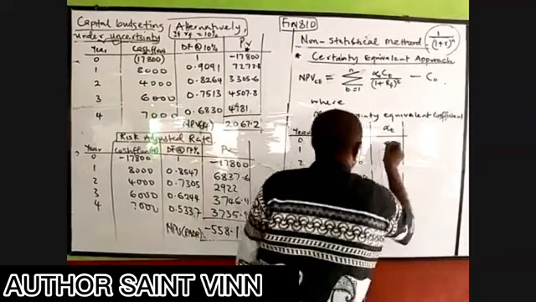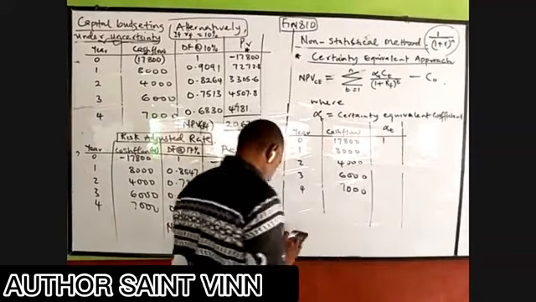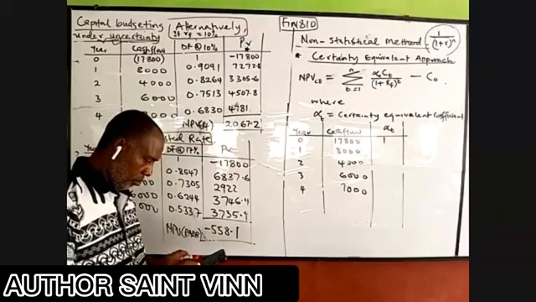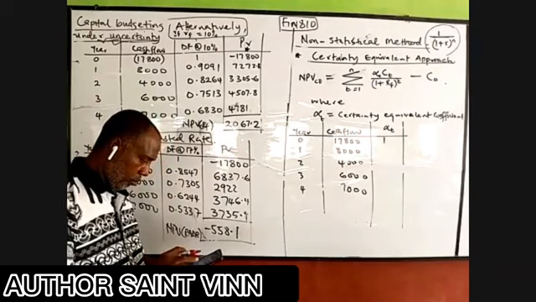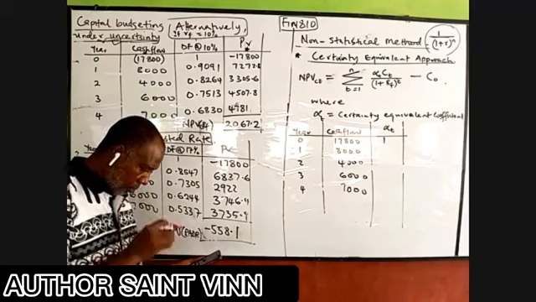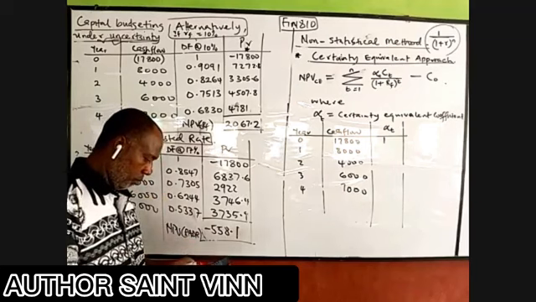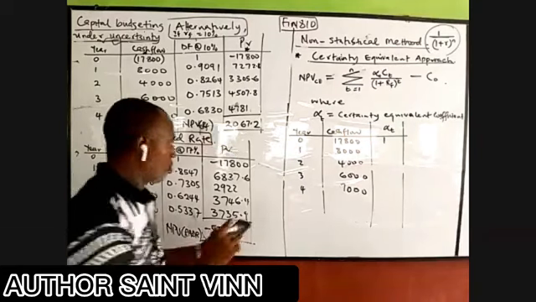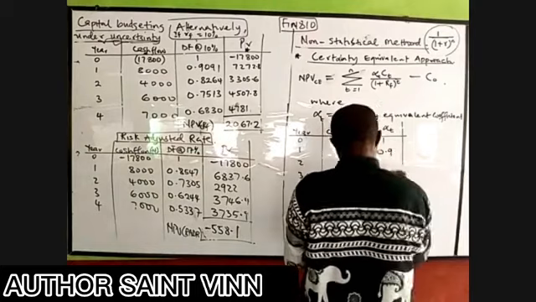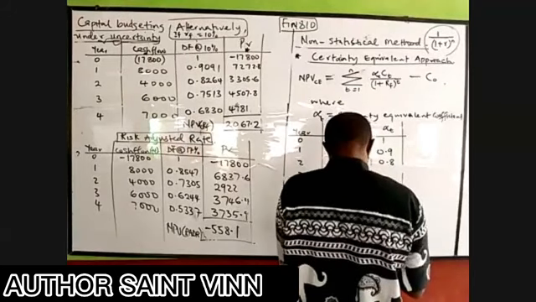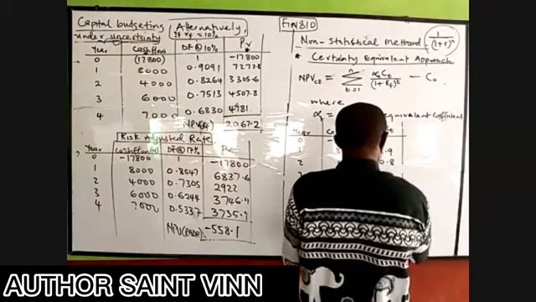We all know now, this one is always 1. Then 0.9, and it will not give you minus. It hasn't changed.